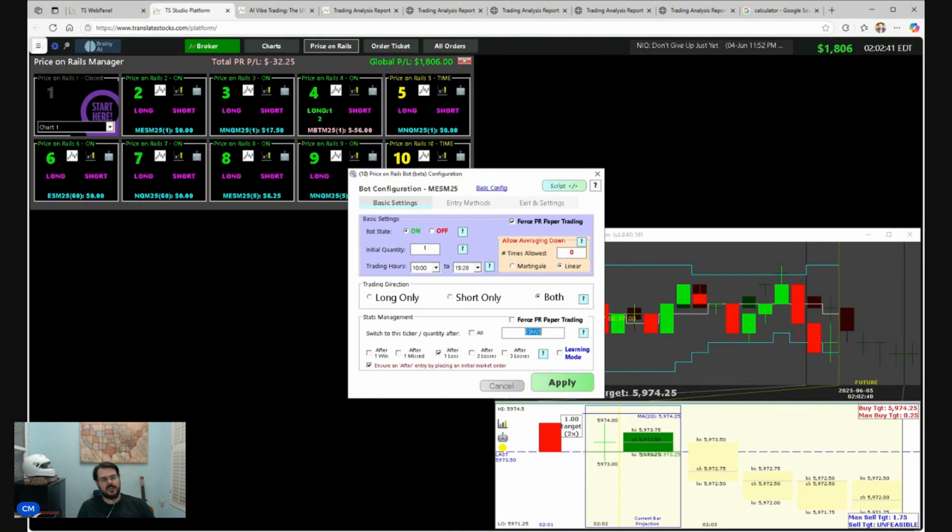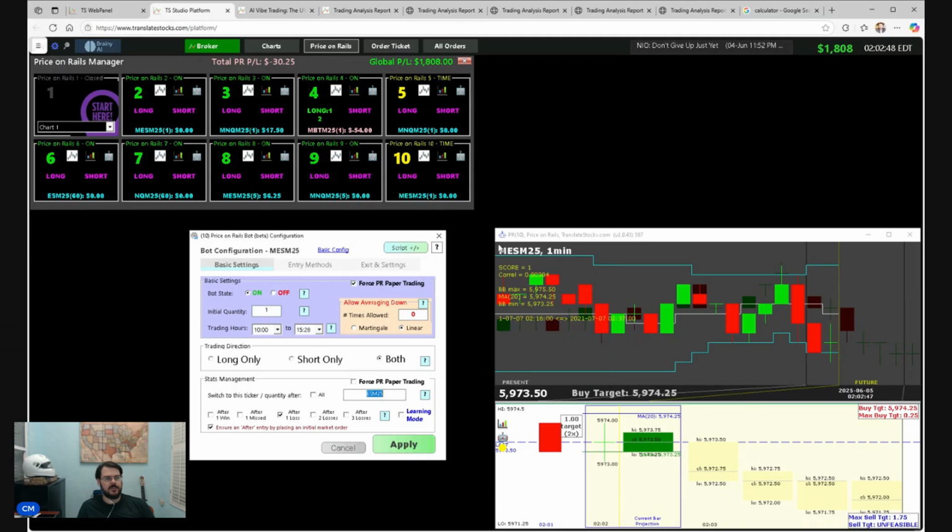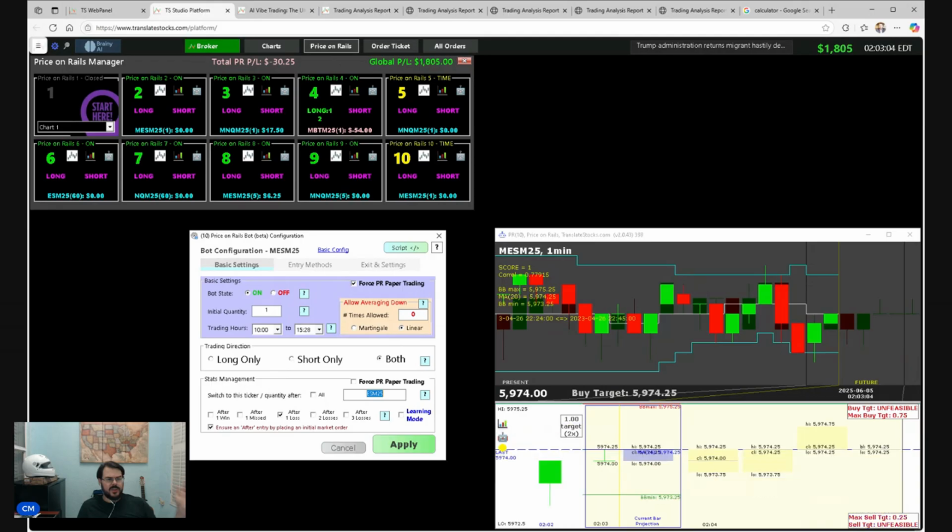This is the ticker of the mini contract, and the MES, the master ticker, is the micros. So the master trading is on the micros, going to a paper trading account built in here. We have the statistics of what's going on being accumulated by the agent all the time.